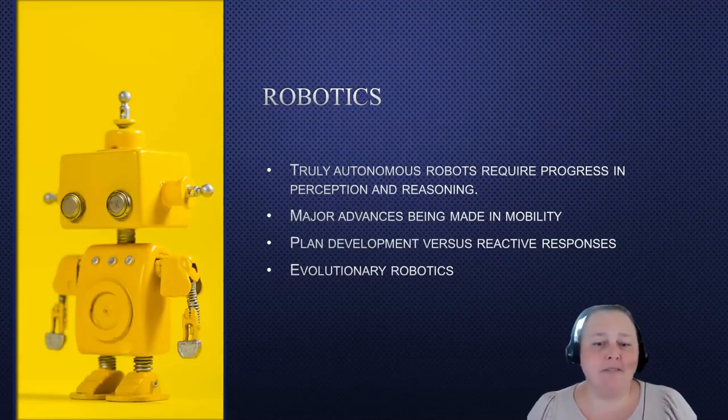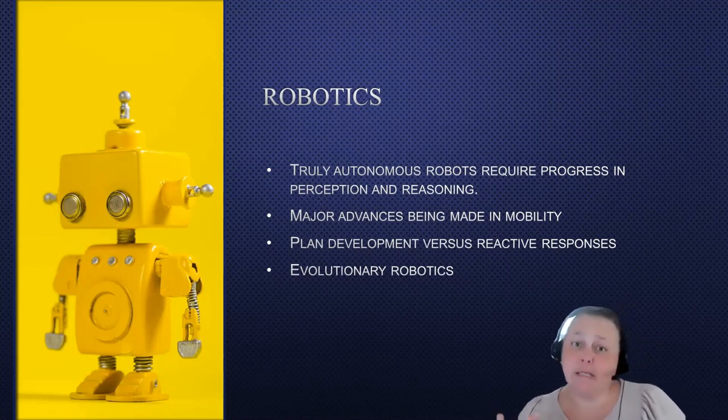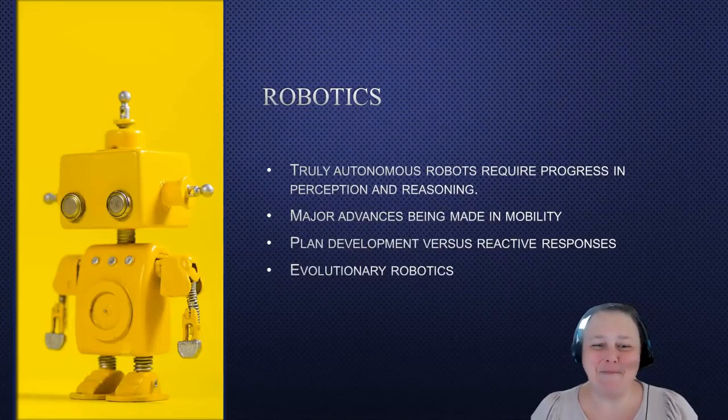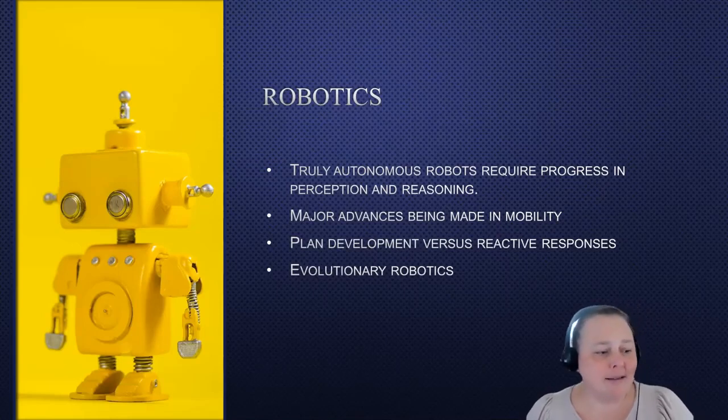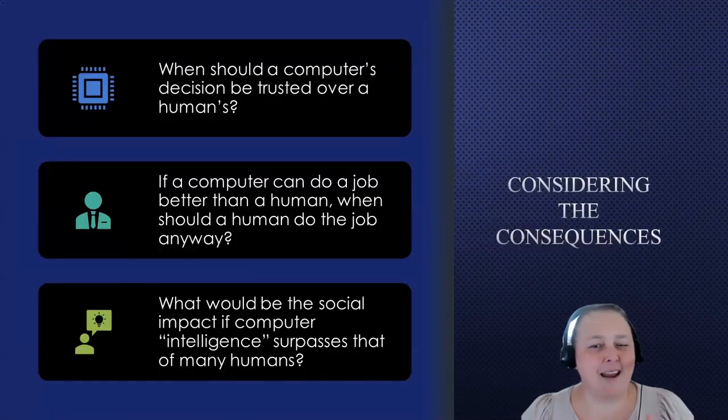We can plan development versus reactive processes. So are we going to anticipate that a wall is there, or are we going to wait till we bump into the wall to see what we do? And one of the newer topics is evolutionary robotics and how things progress as different things change. And again, we're almost done. Last slide, I promise.